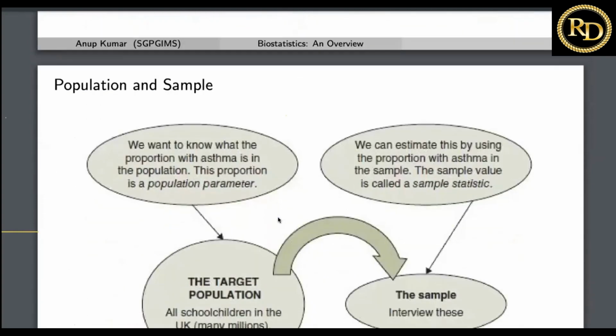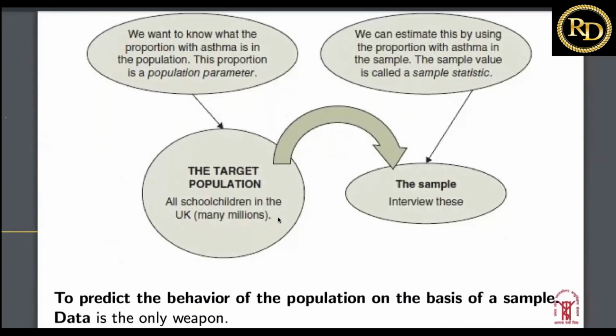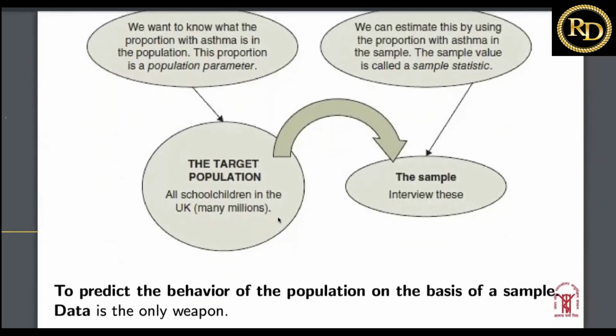But while doing this decision-making process, the very important thing is the data. If the data is the only weapon for us, and if our data collection, our measurement process, the way we are taking the data from the population is not appropriate, then obviously we are going to make wrong research or wrong interpretation.